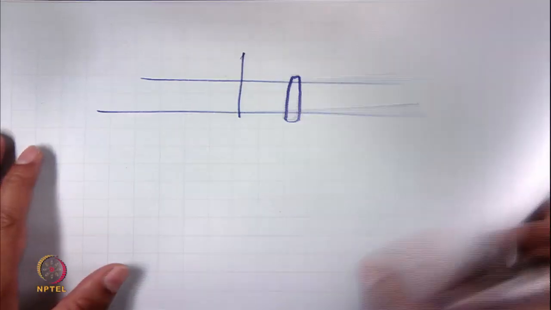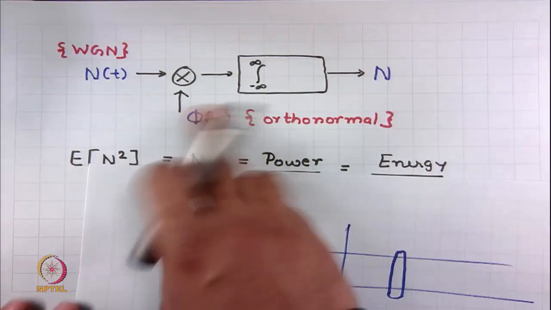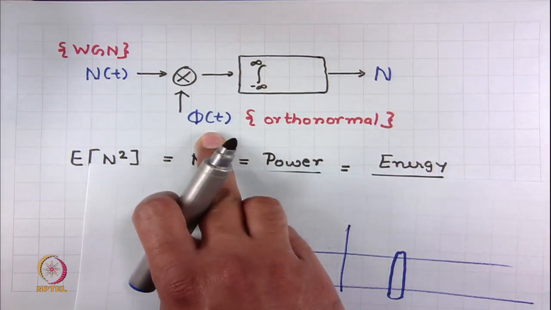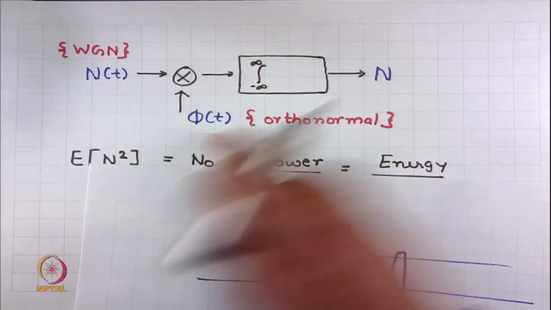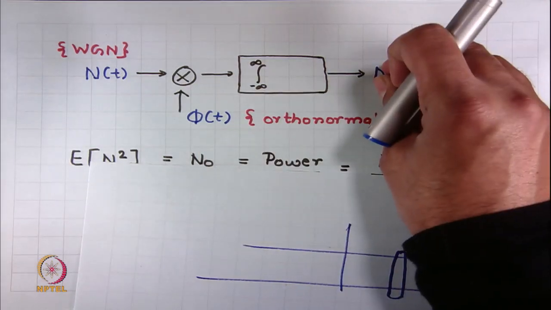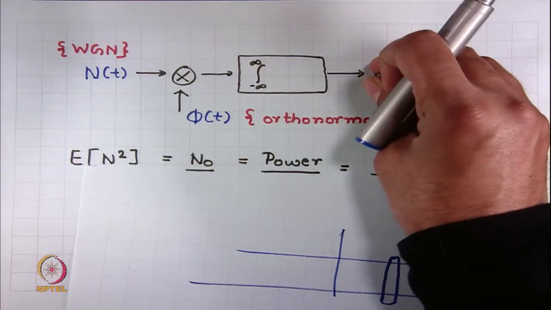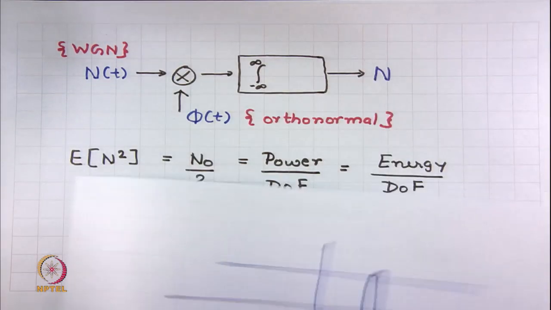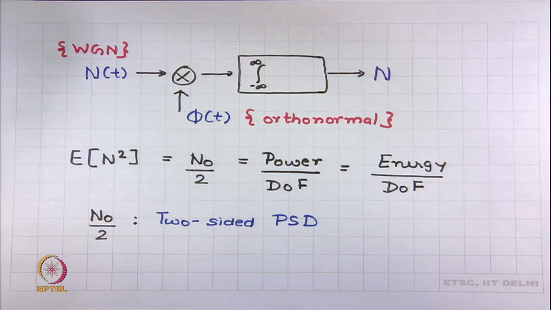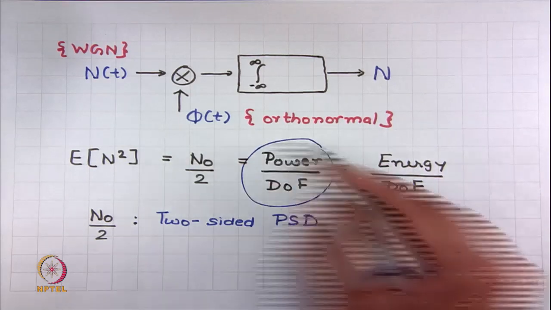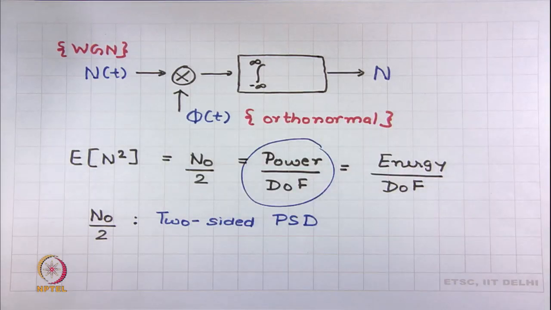This power is available only where the spectrum of this orthonormal function is. And so, the power that you get out from this random variable corresponds to the power that is available per degree of freedom. And power is the same as energy when we are talking about degrees of freedom. So, these two things you have to remember: power per degree of freedom of noise is N0 by 2, and energy per degree of freedom of noise is also N0 by 2.